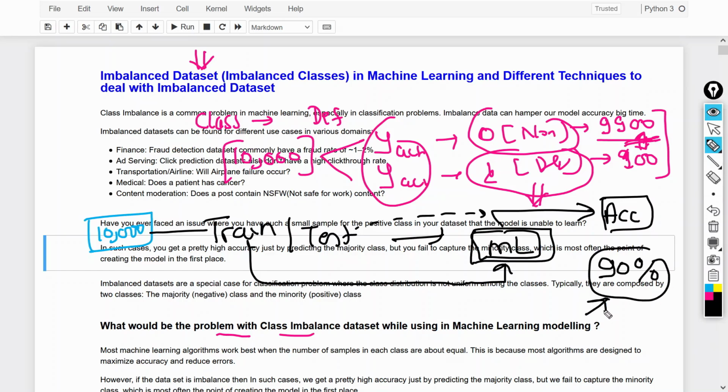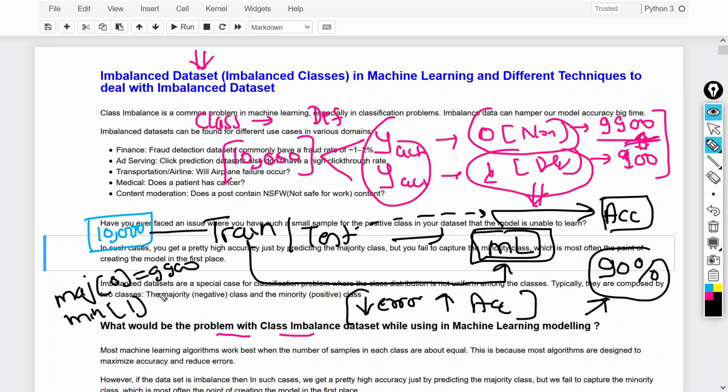Why is it providing 90% accuracy? Because most model algorithms are designed in such a way that they try to reduce the error and improve the accuracy. Also, we have the majority class, class 0, with 9,900 samples, and the minority class with only 100. If we use this type of data set to train our model, all the majority class will be classified correctly.